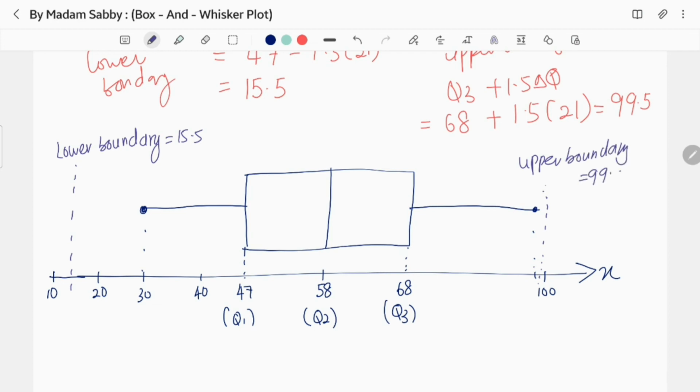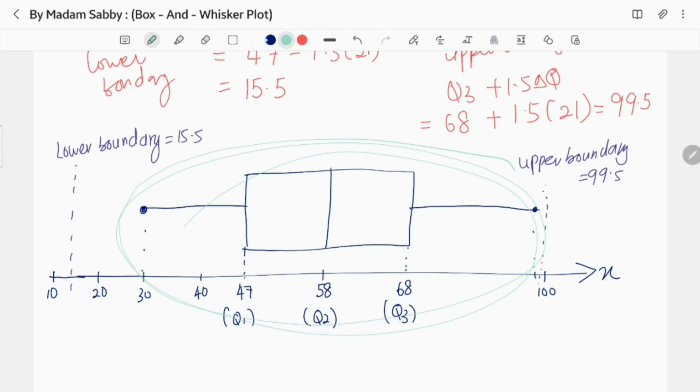From here we can say that none of the data that we collected is out of range. That means, according to the plot that we have here, this box and whisker plot, all of the data is between the lower boundary and the upper boundary.